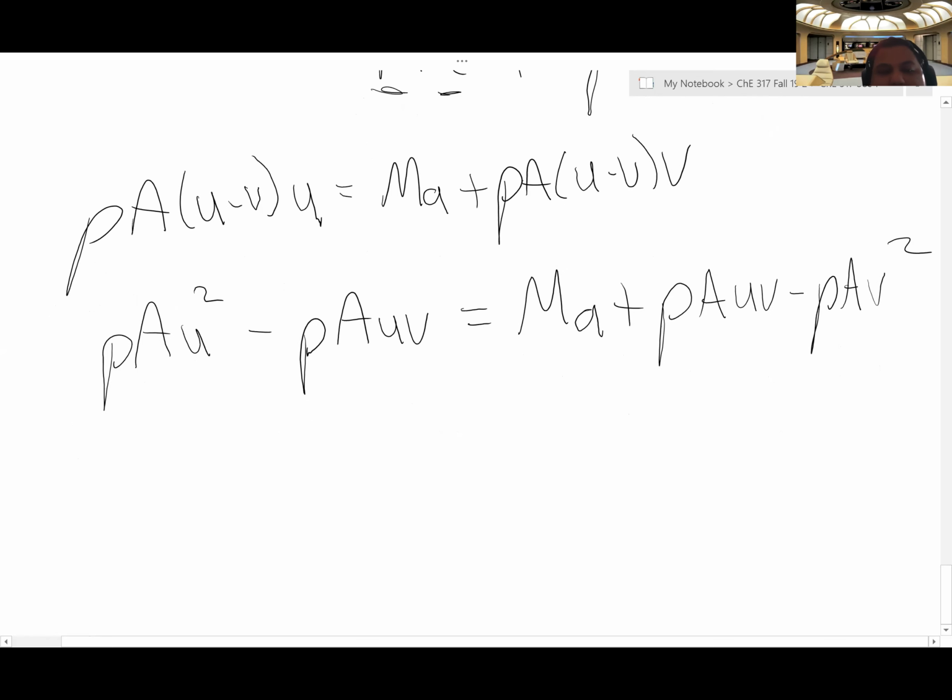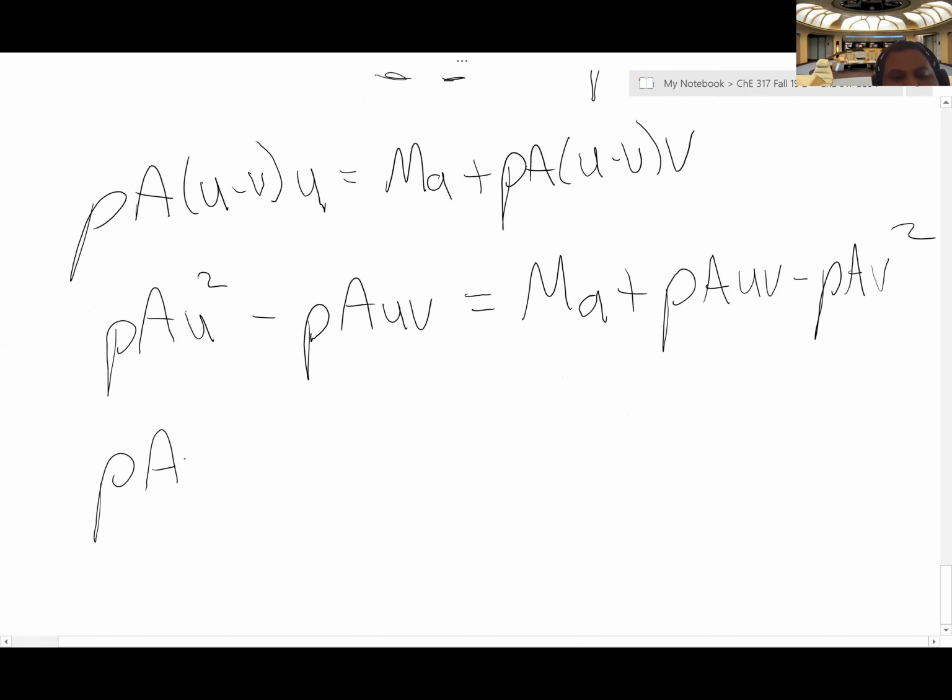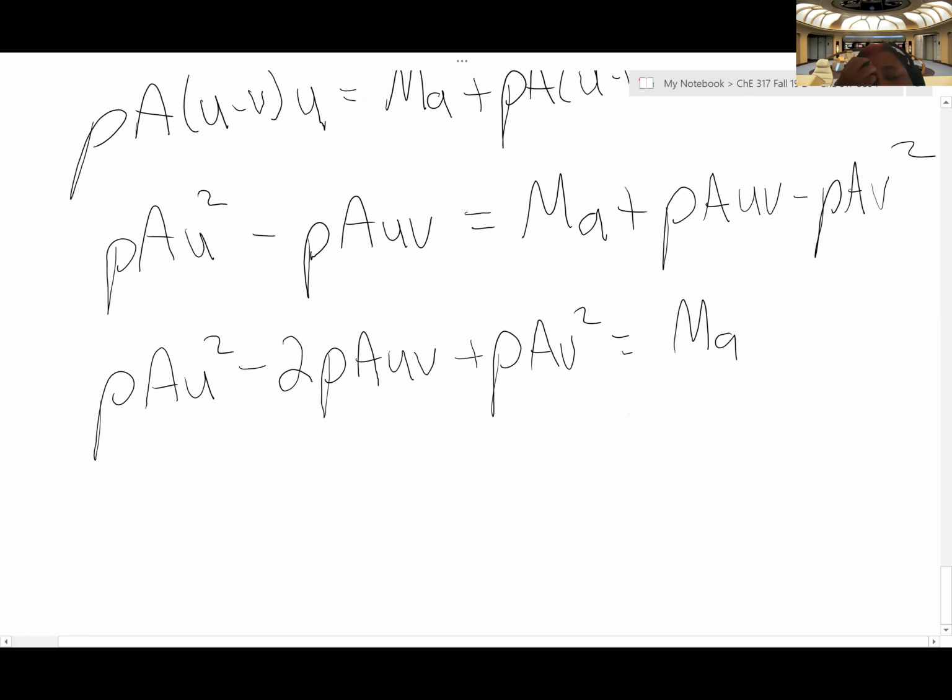So if we bring stuff over, we should end up with something that looks like this. We have rho A u squared minus 2 rho A uv plus rho A v squared equals m times a.